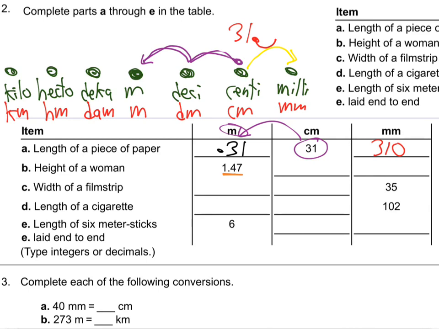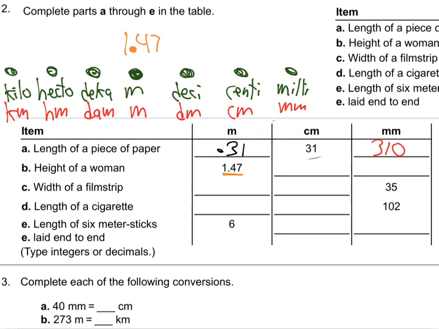1.47 meters. A meter's about a yard, so she's about 1.5 yards tall. So it's about average. So start with that one. And we're going to 1.47 meters, so start right here. 1.47 meters. And first off, you're going to change to centimeters.